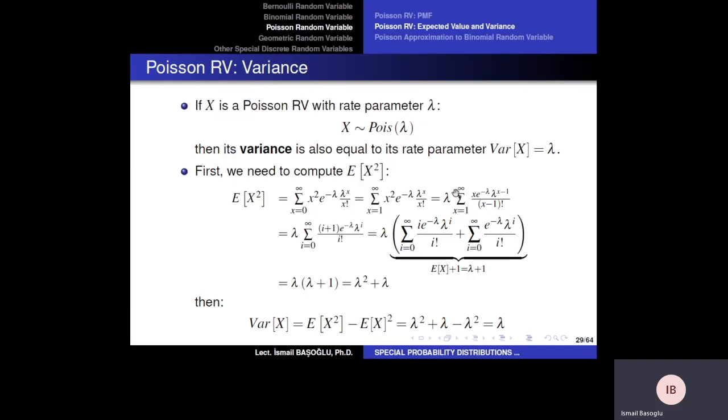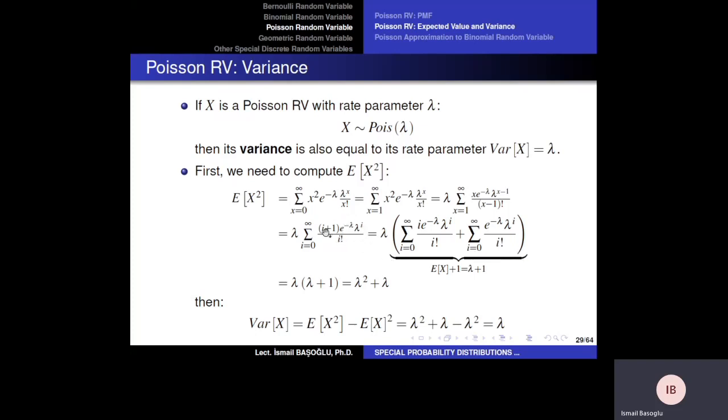Therefore, as x changes from 1 to infinity, i should change from 0 to infinity. And whenever we see an x minus 1 value here, we replace it with i. Whenever we see an x value here, we replace it with i plus 1. Now, the i plus 1 here and the multiplier here can be distributed in the summation. So this summation can be expressed with these two summations.